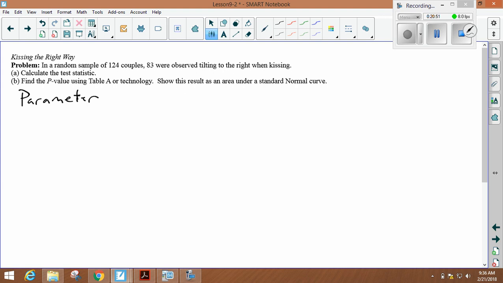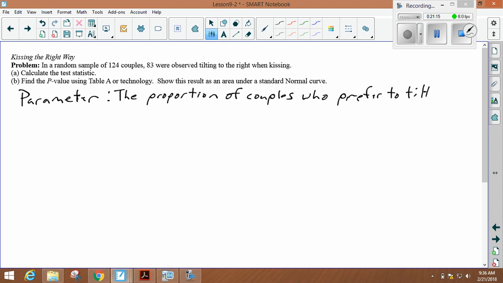Our parameter is the proportion of couples who prefer to tilt their head to the right. We'd like to know what that proportion is.